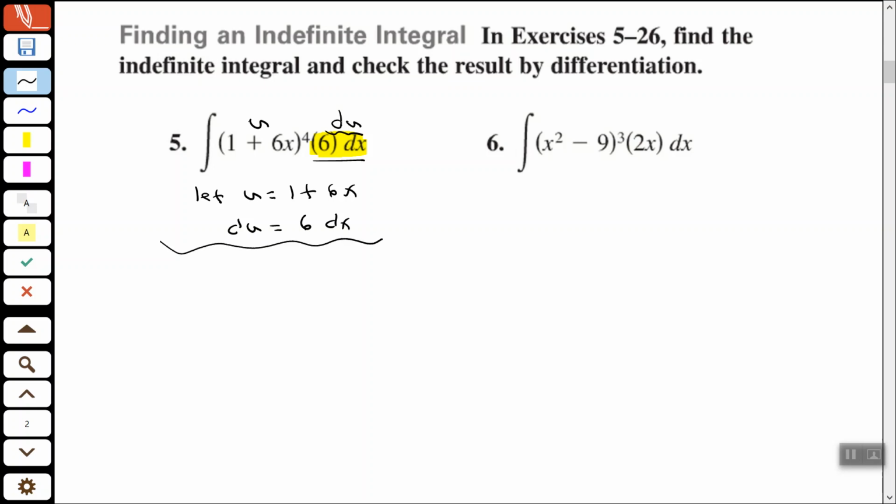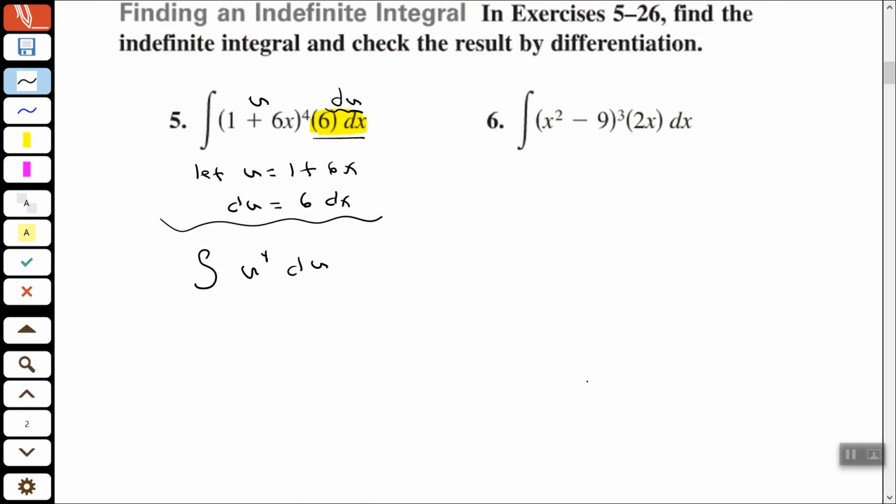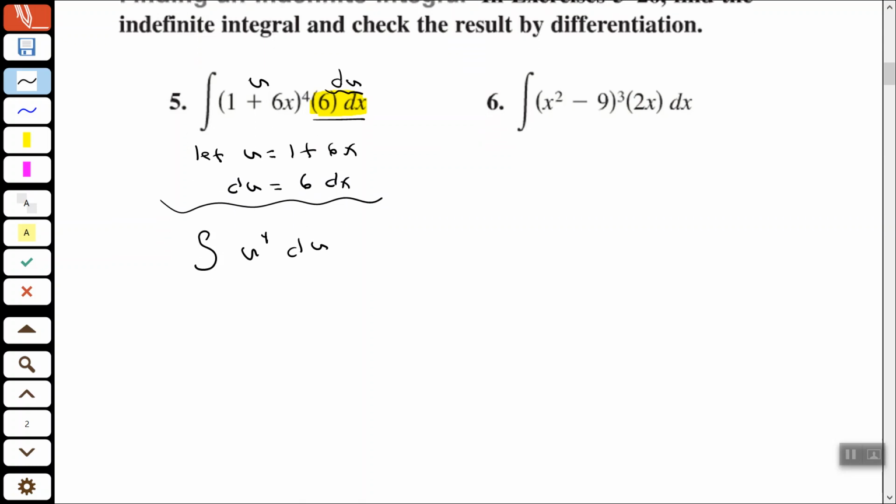That allows me to rewrite this as the integral of u, still to the fourth power, times du. I just wrote it in terms of u instead of x by using substitution. I replace 1 plus 6x with u, and I replace 6 dx with du.